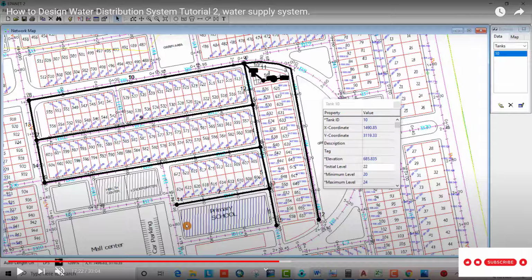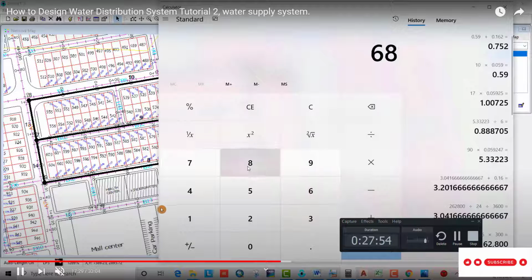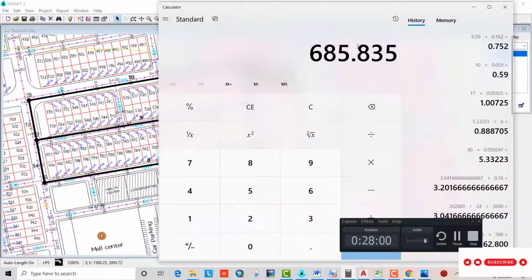We can find the head from the ground elevation of the tank, which is 685.83, and also 24 meter. The tank is higher than the ground elevation, so you can sum 24 to this number and minus 387, which is the lowest level of water in the well.